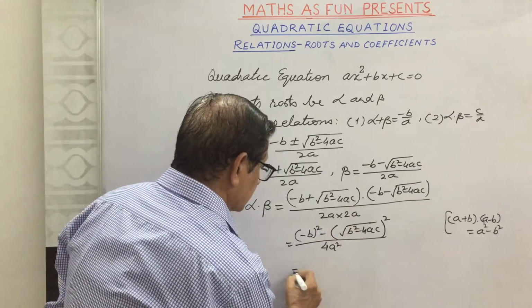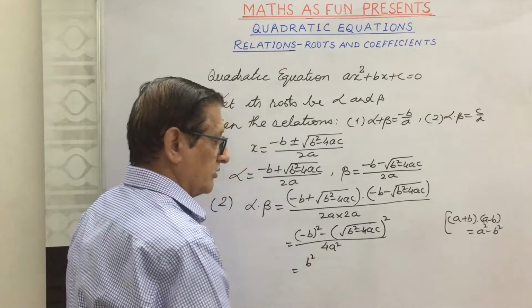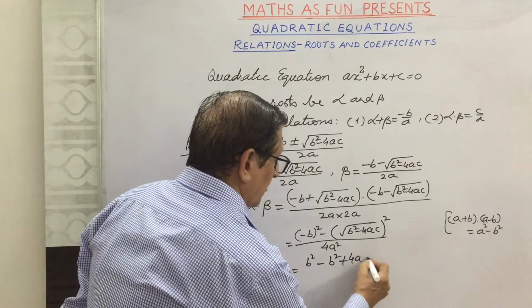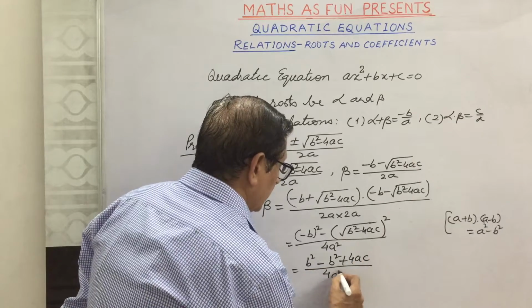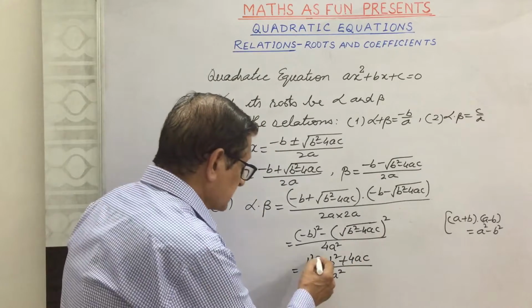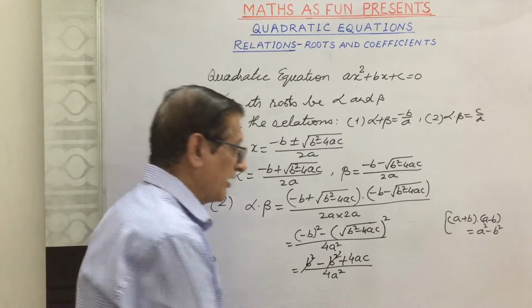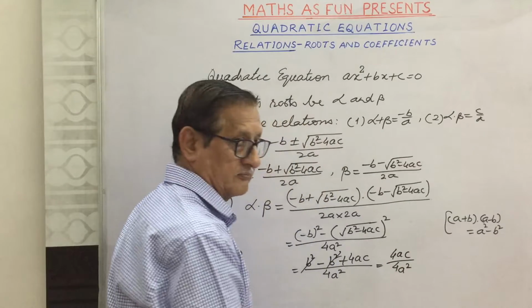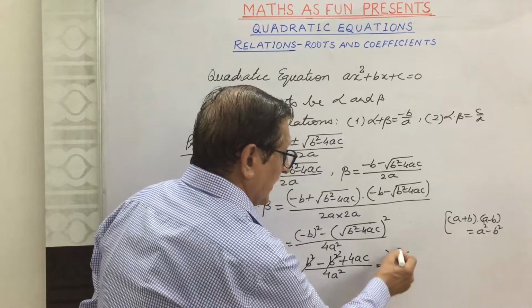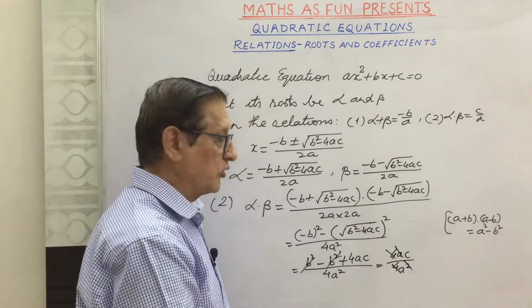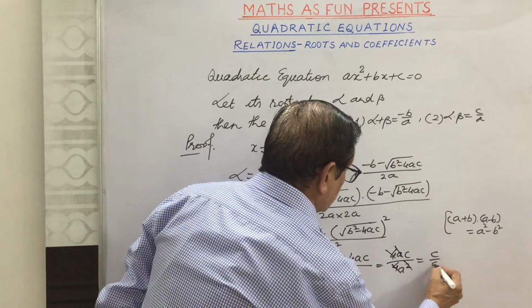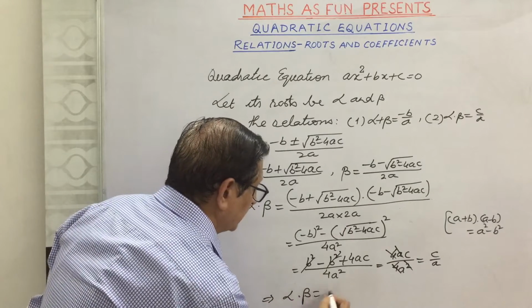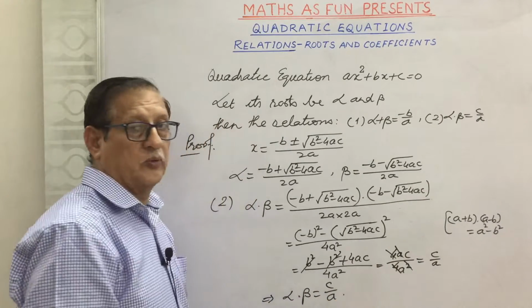When we simplify this, we are getting b square minus b square plus 4ac upon 4a square. This b square and b square cancel and we are getting 4ac upon 4a square. 4 cancels 4 and this a cancels this square. It means we are getting this equal to c upon a. And as the relation comes, alpha into beta equal to c upon a.